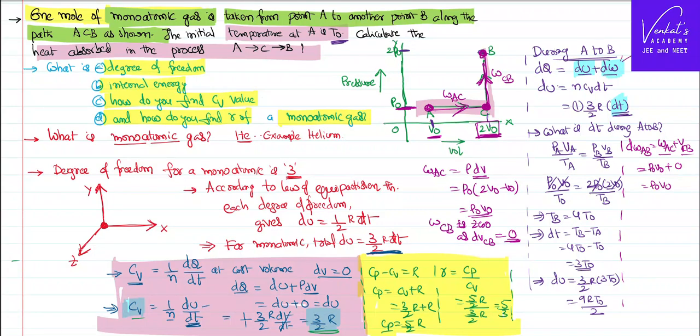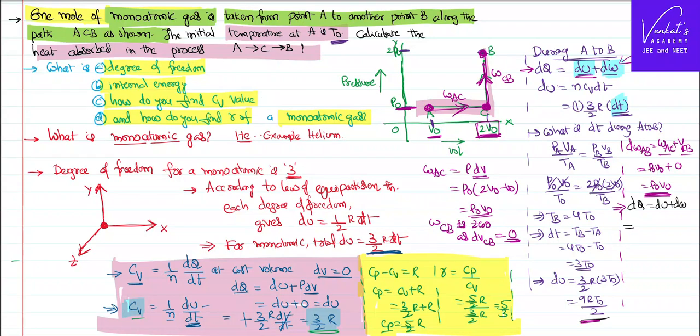Now you know dW. You know the value of dU. So let us add both of them so that I can get dq. We can write dq, as per the first law of thermodynamics, as dU plus dW.